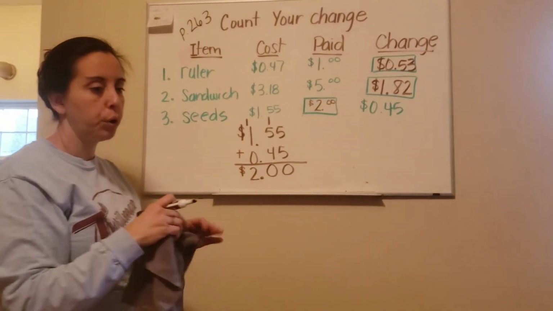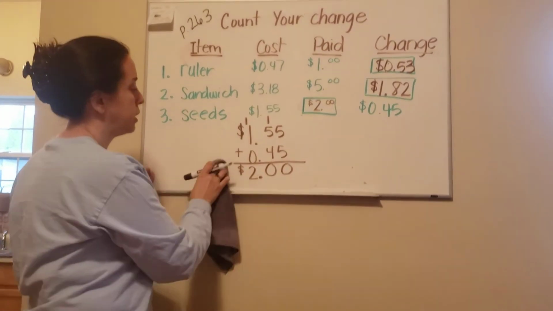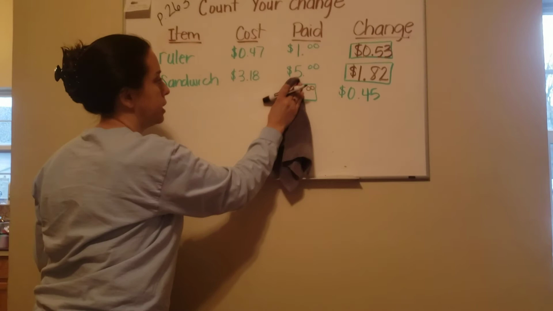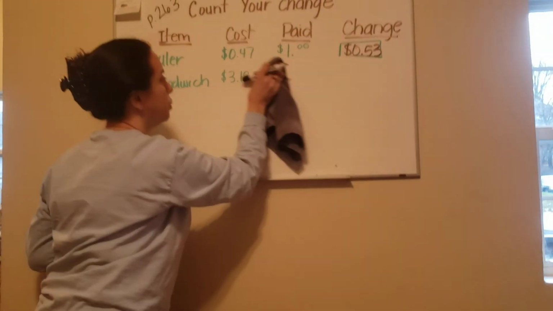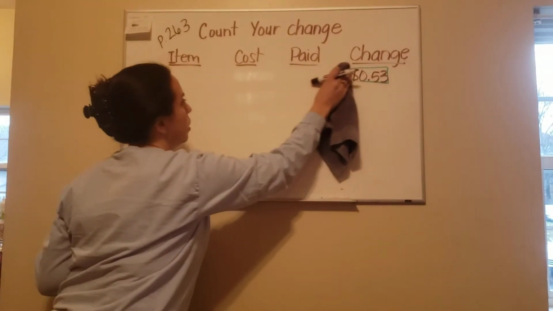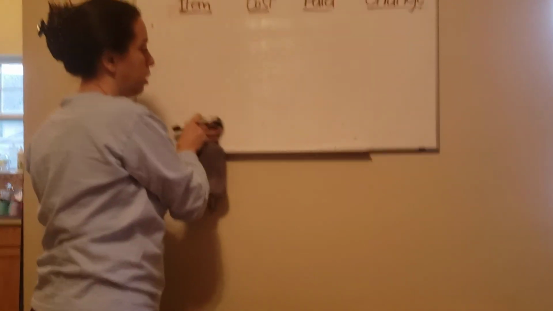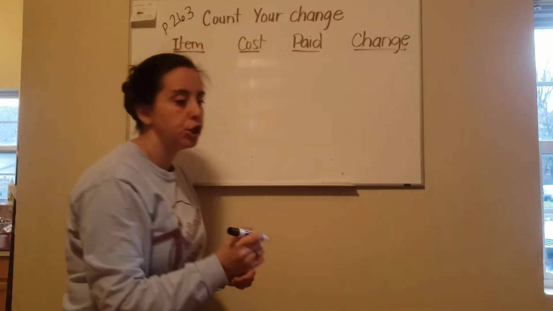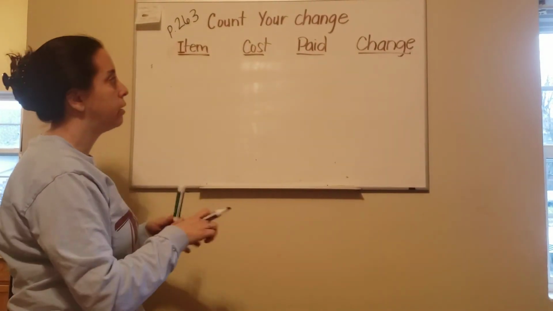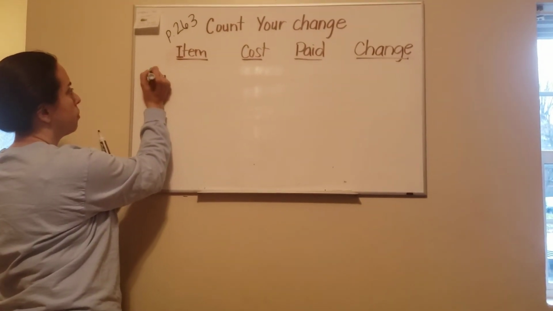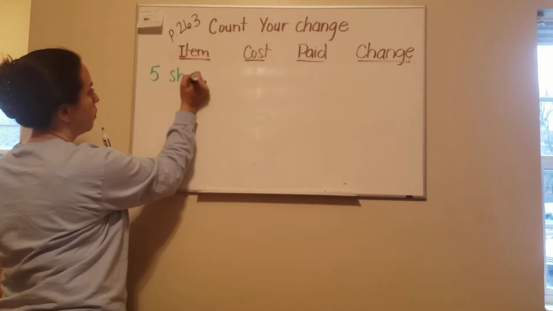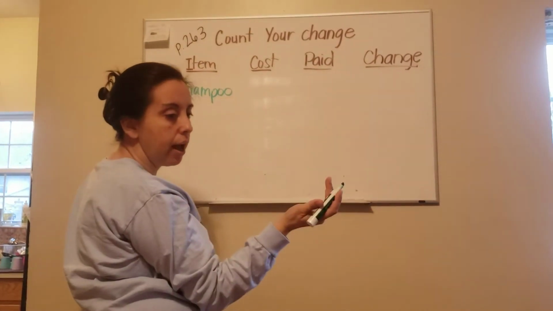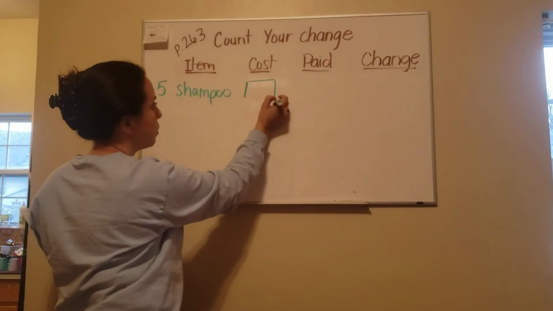Okay, we're gonna go to one more. I'm gonna skip down a number. I'm gonna go ahead and erase this so I have more room. And I'm gonna jump to number 5, and it says shampoo. It doesn't have how much it costs, so this is what we're missing.